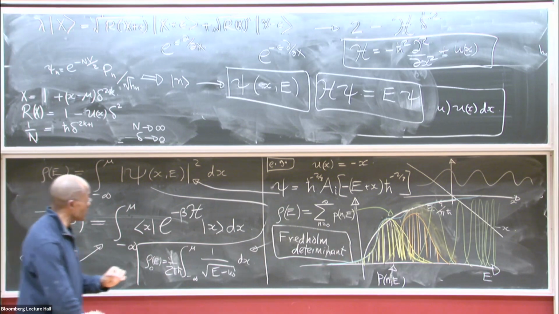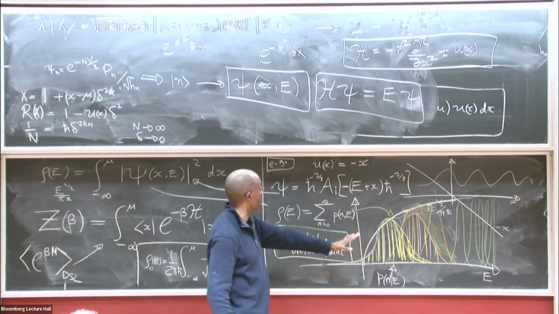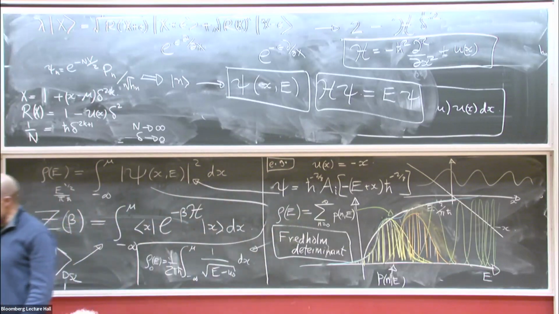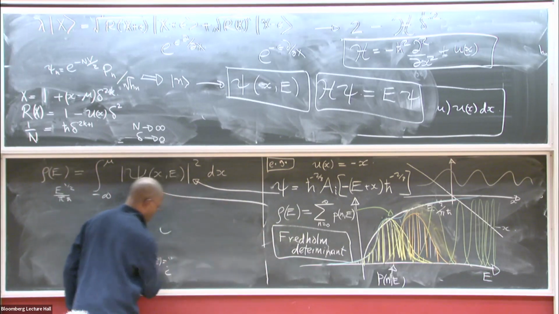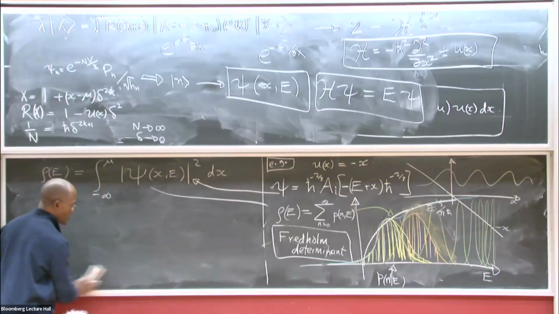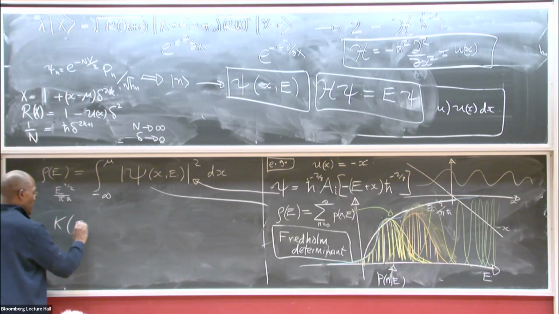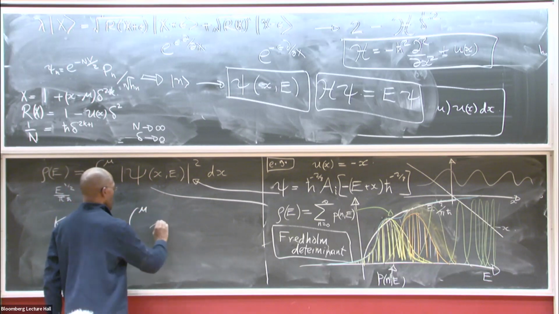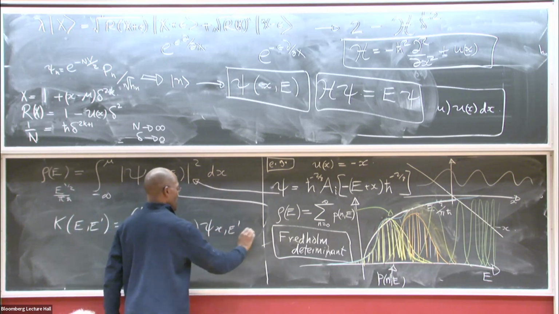The key thing you need is the full non-perturbative description of the theory. You can see this is not something you're going to be able to do in perturbation theory. The key object that you use in all of this is something that is well known in both the matrix model and gravity literature, but perhaps not used very much in the gravity literature, which is the kernel K(E, E'), which is the integral from minus infinity of mu psi(x, E) psi(x, E') dx.